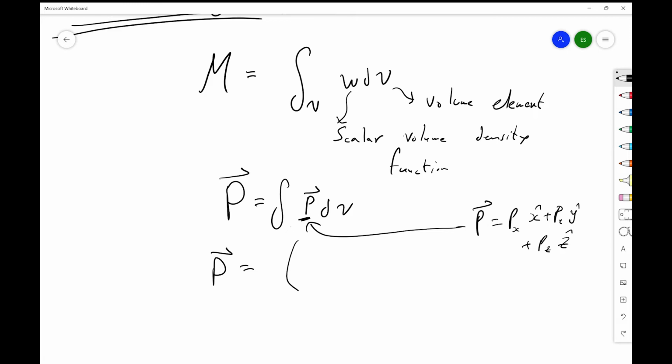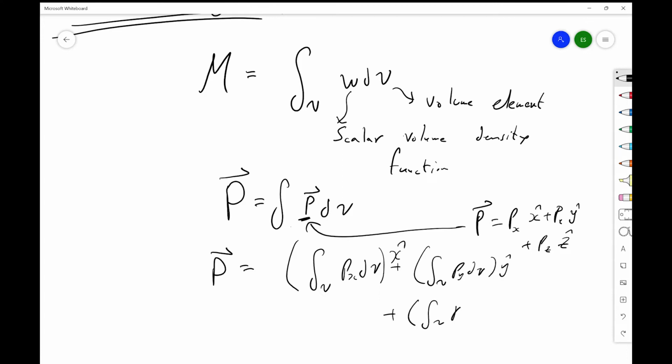So it all falls back to the scalar integral. So this is equivalent to the integral of Px dV, x hat, plus the integral of Py dV, y hat, plus the integral of Pz dV, z hat. This is only true, by the way, for Cartesian coordinates.